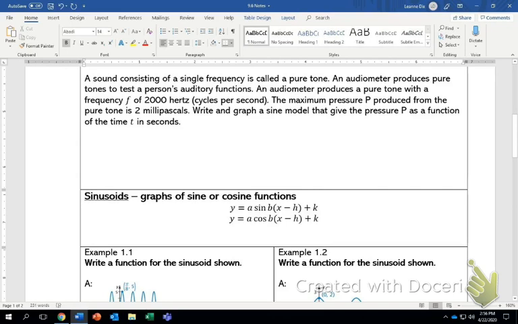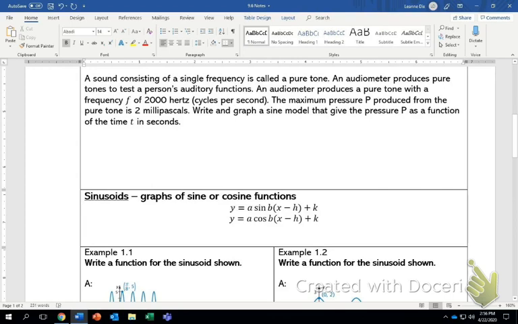This problem says a sound consisting of a single frequency is called a pure tone. An audiometer produces pure tones to test a person's auditory function. Actually, people sometimes use this to test hearing on babies, especially if they're deaf, so don't diss it.